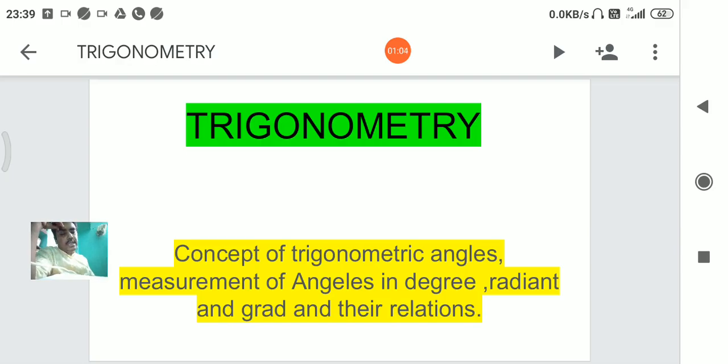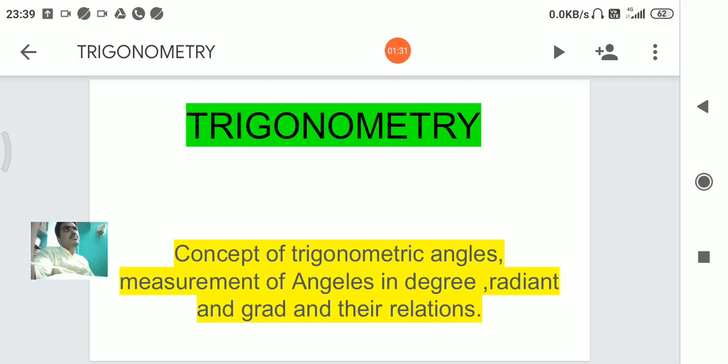Therefore, in trigonometry we have to discuss the sides and the angles of a triangle, and we have to investigate the various relations which exist among them. So first of all, we have to discuss the trigonometrical angle.